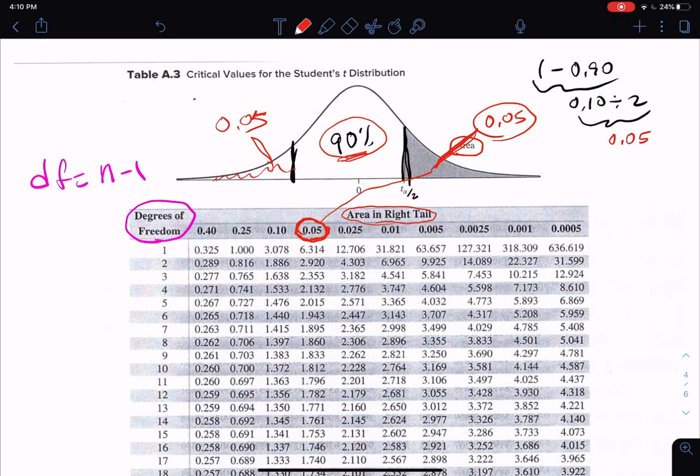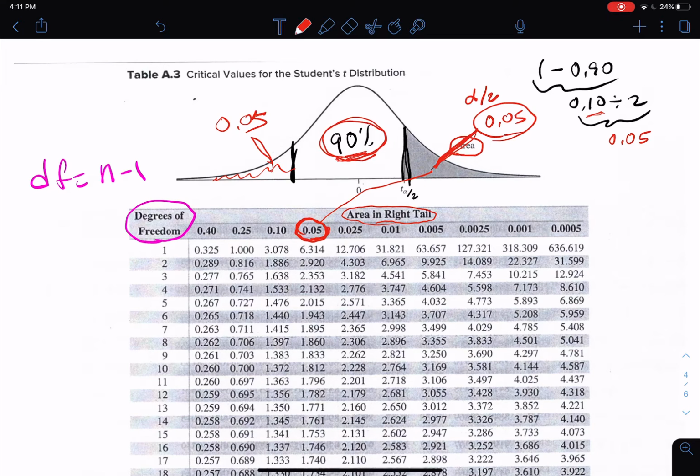So this is considered half of alpha, okay? Notice that, once again, 90% confidence interval means 1 minus 90 is 10. If you cut 10 in half, you have 0.05.